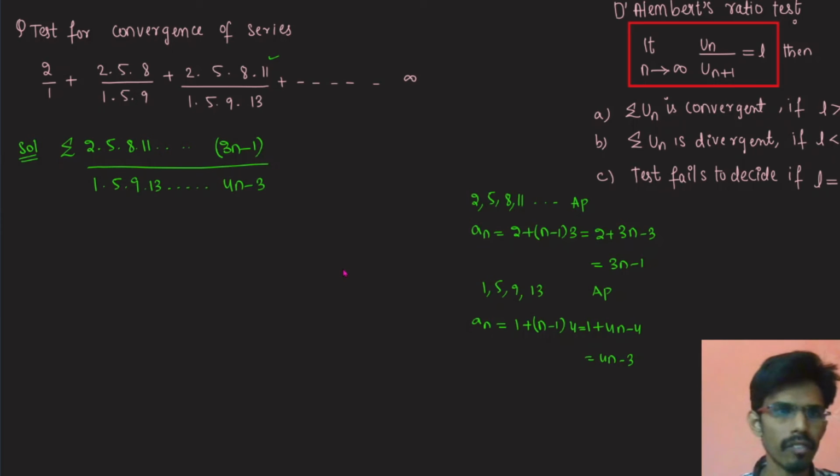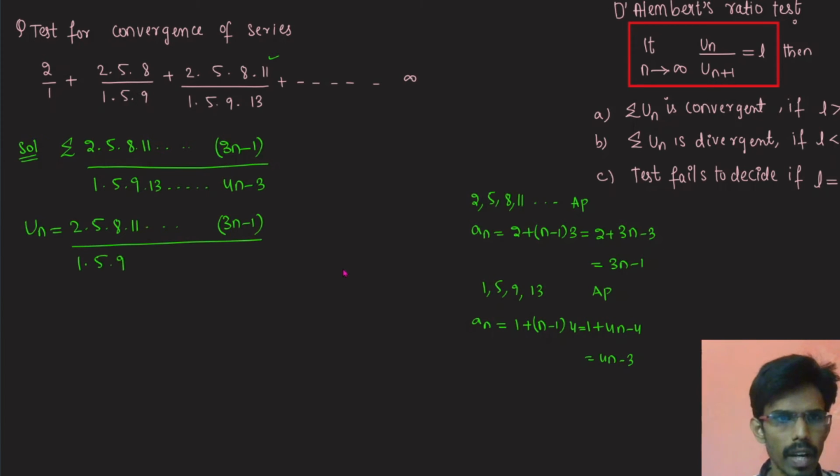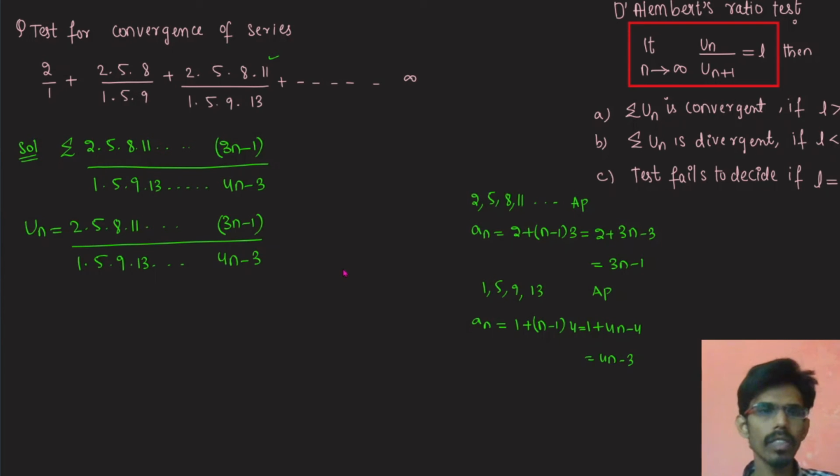Now the general term un in the sequence is 2 into 5 into 8 into 11 into 3n minus 1, upon 1 into 5 into 9 into 13 into 4n minus 3.